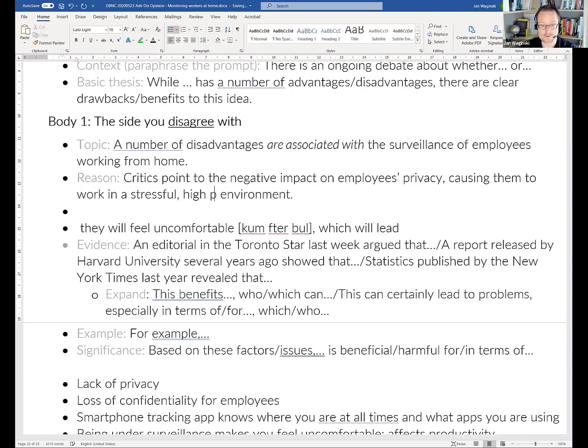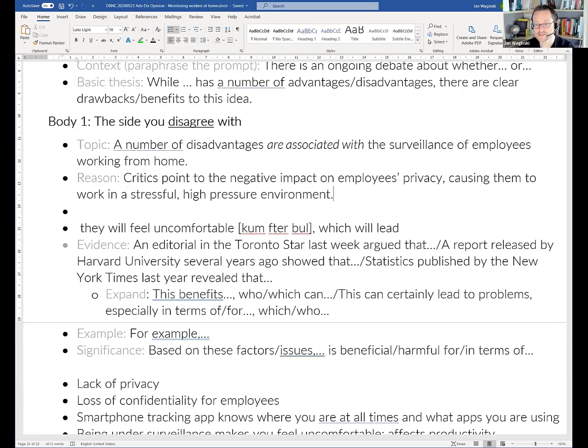Let's use the word high pressure. High pressure environment. Stressful, high pressure. Which affect their concentration, or no need to explain more?